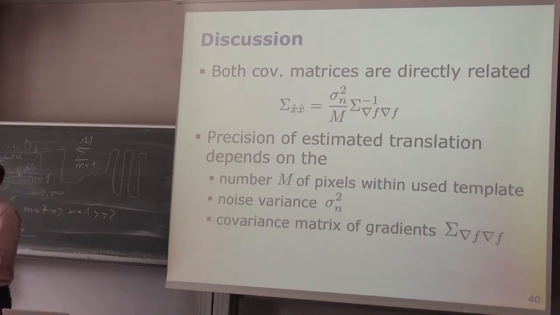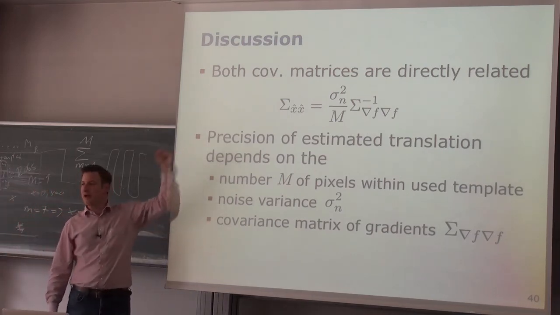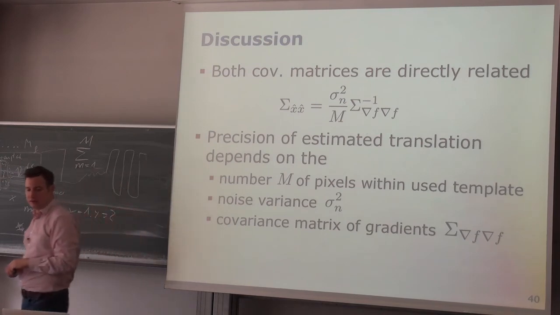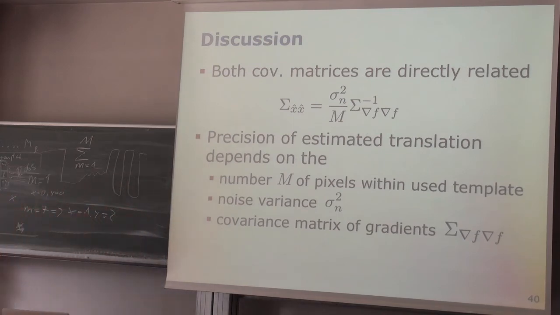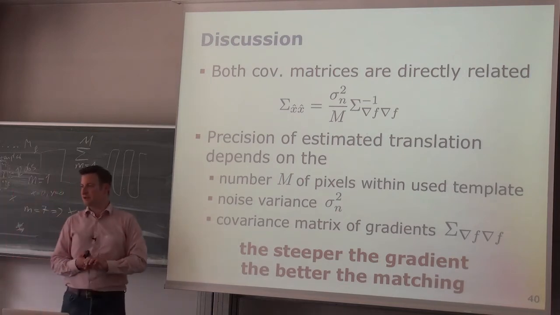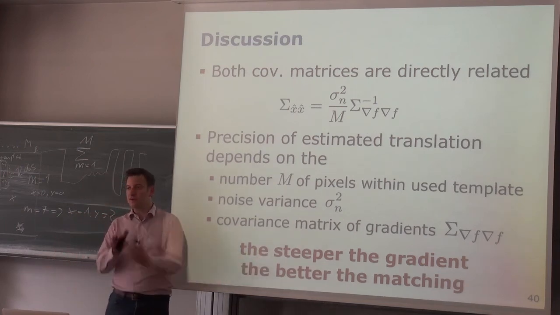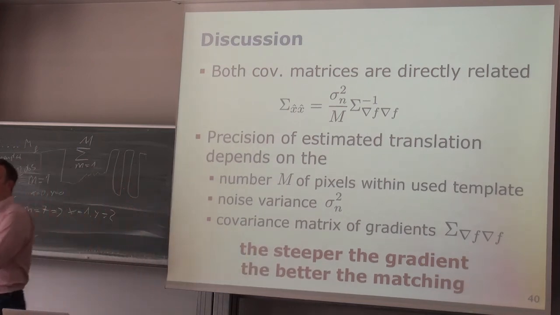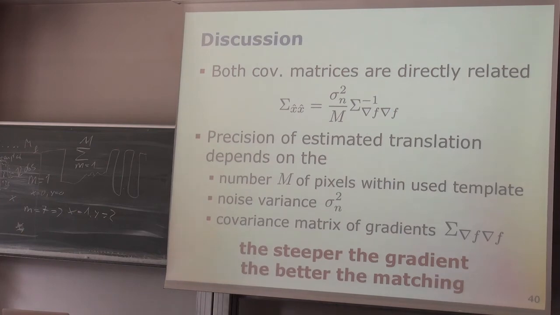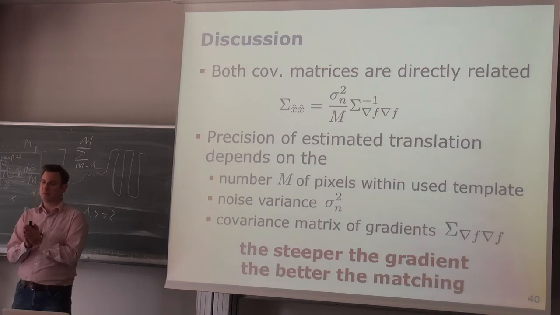So the covariance matrix of the gradients, or especially the squared gradients, given that it's a zero mean function, has a direct influence on how accurately I can localize one image inside the other. So the steeper the gradient, the better the matching. This is the key take-home message. When you match those 2 images, you have to inspect the gradients of your image function in order to determine how accurately you can match them.